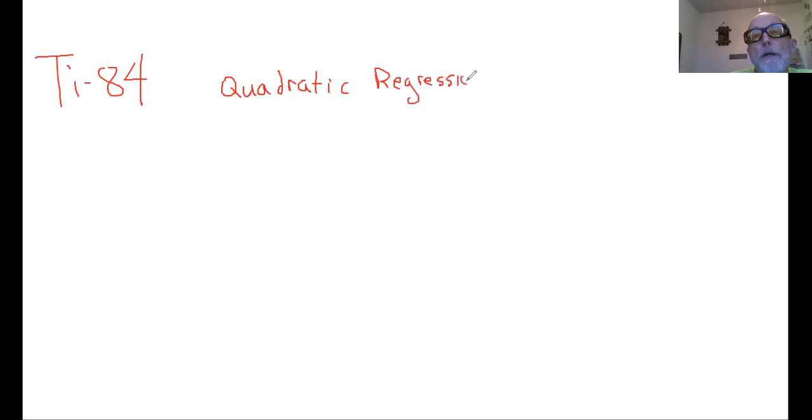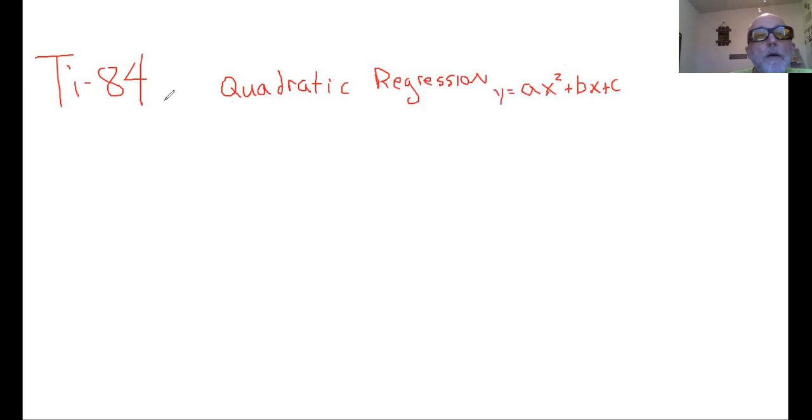What it does is we give it some points, and it gives us the equation of the parabola that goes through the points that we tell it. So we're going to get this when we're done.